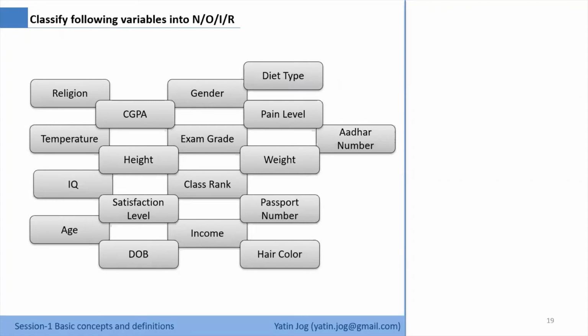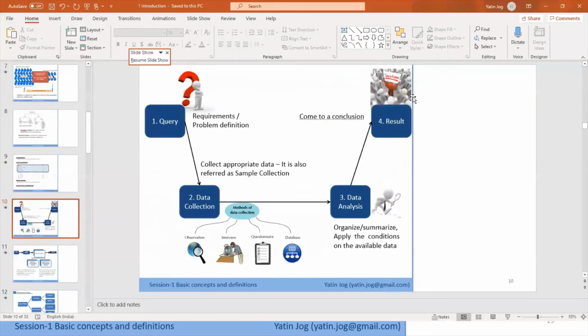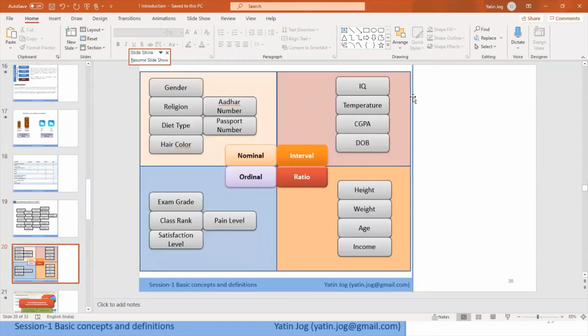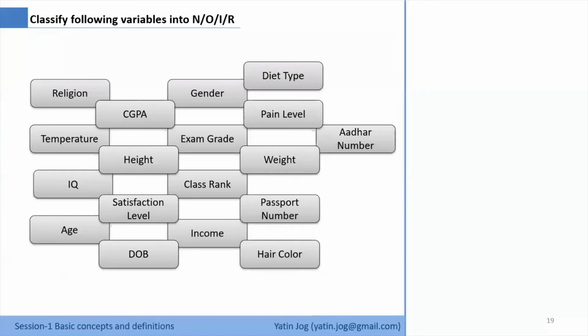IQ. Ordinal. Okay. Why ordinal? IQ is interval. Advait, why is it ordinal? Sir, no, it's interval. Why interval? Sir, because it is having an order. Okay.